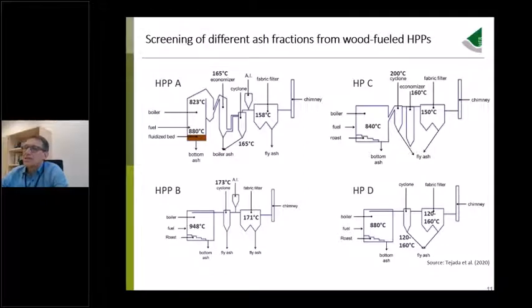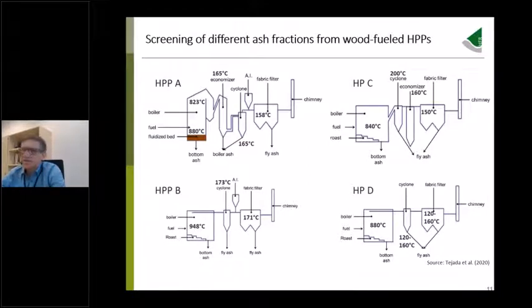So what you can see is we do have different sizes, and we do have different combustion processes, and we do get different ash fractions. So we always do get bottom ash in all 4 processes. And in the rather bigger processes, we do get in total 3 ash fractions. We do get the bottom ash, boiler ash or fly ash 1, and we do get fly ash 2, while in the smaller plants we do get a bottom ash and we do get a fly ash.